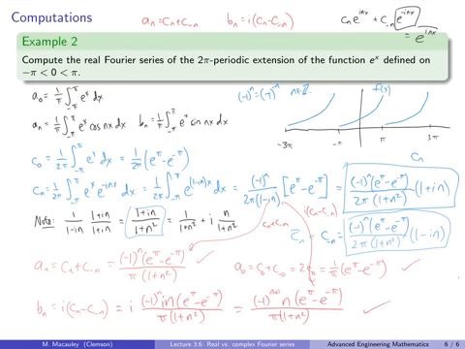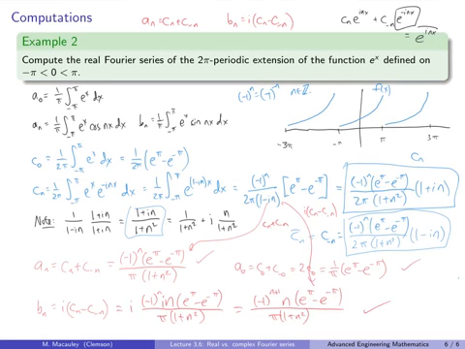We will come back to this later in the course when we study Fourier transforms, which you can think of as a continuous version of a Fourier series. A complex Fourier series, instead of thinking of it as defining a periodic function of period 2 pi, you can think of it as defining a function from negative pi to pi.